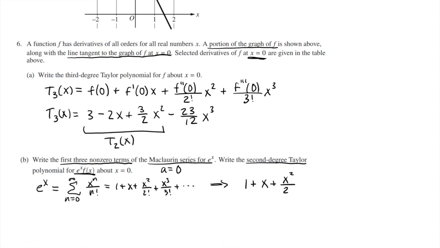To find the degree 2 Taylor polynomial for their product, we just multiply them, and we keep all of the terms up to degree 2. So what I'm looking at is I'm trying to multiply 1 plus x plus x squared over 2 times 3 minus 2x plus 3 halves x squared.